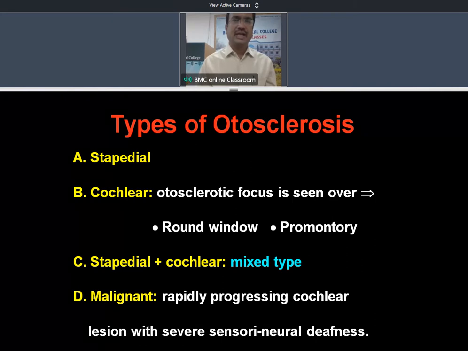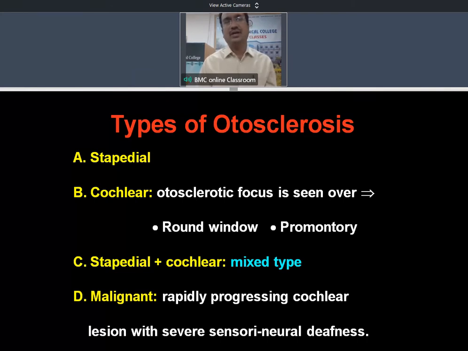Other types are the cochlear. If the otosclerotic focus is seen over the round window or promontory, that is called the cochlear type of otosclerosis. In some people you will see both types. That is the mixed type, both stapedial and cochlear. The other type is histological.